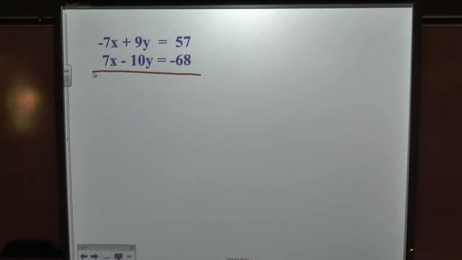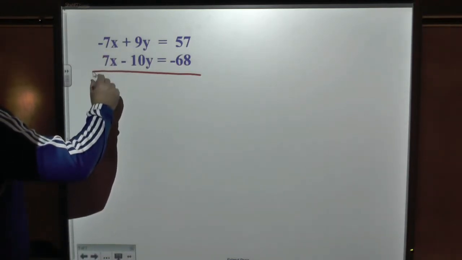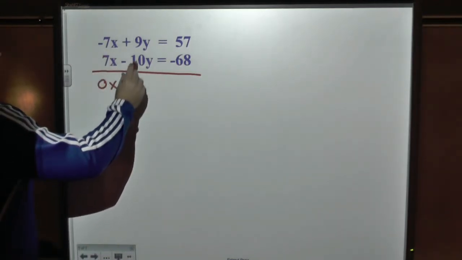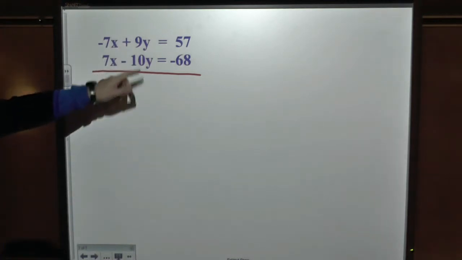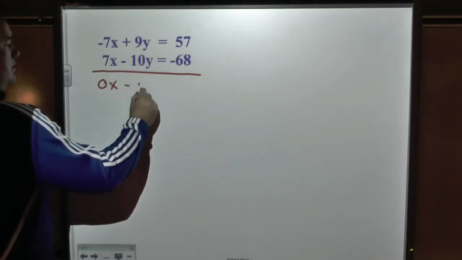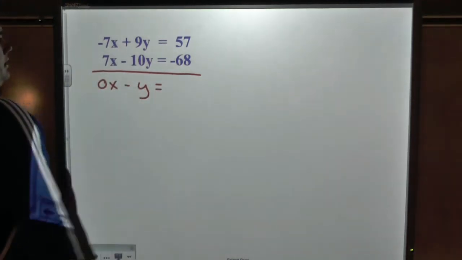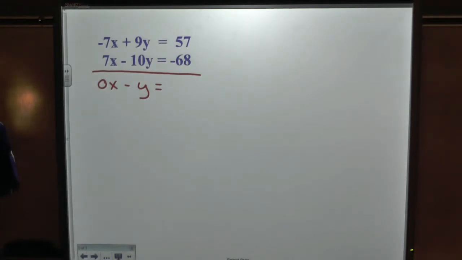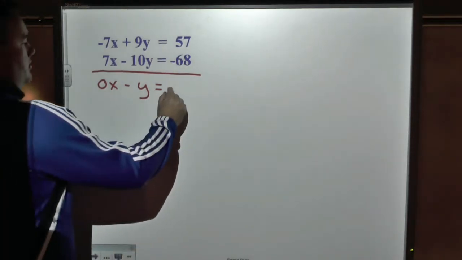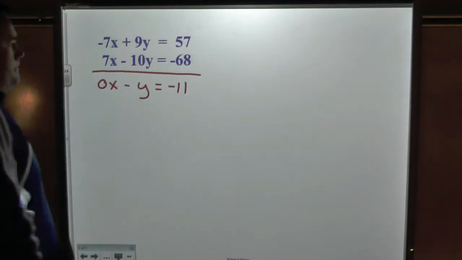So as we look at this, are they in standard form? Yes, they are. So from there, we add straight down. Negative 7x plus 7x, well, that gives you 0. 9y and a negative 10y, that's a negative 1y. And then negative 68 and 57, this should give you a negative 11.